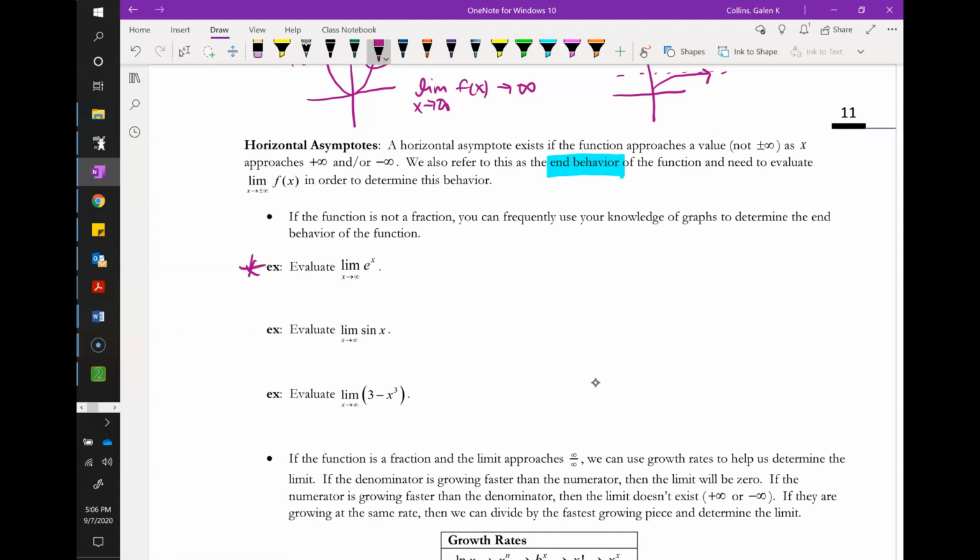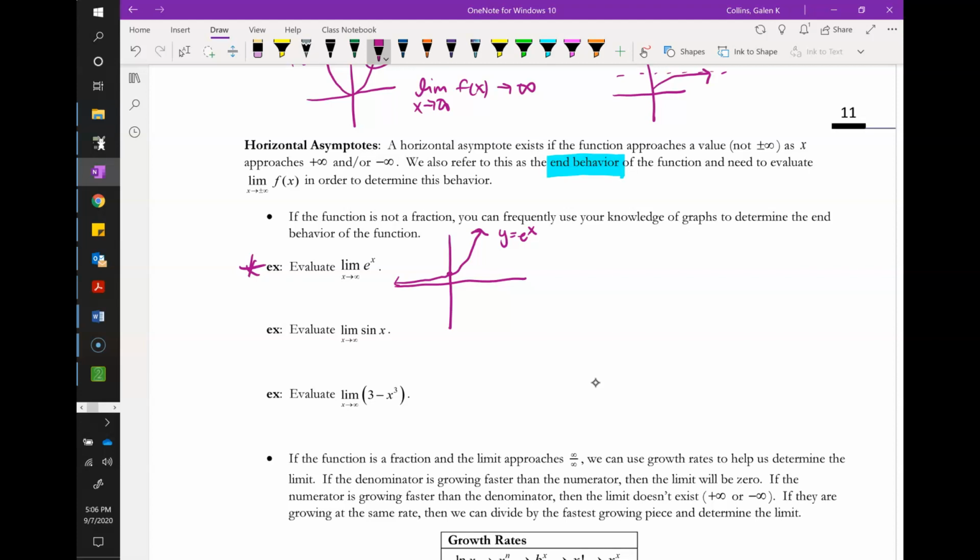Evaluate the limit of the function e to the x as x approaches infinity. Well, what I would think about is that graph on page 119 that I told you want to know. All right, so this is our graph of y equals e to the x, and that ordered pair right there is 0, 1.